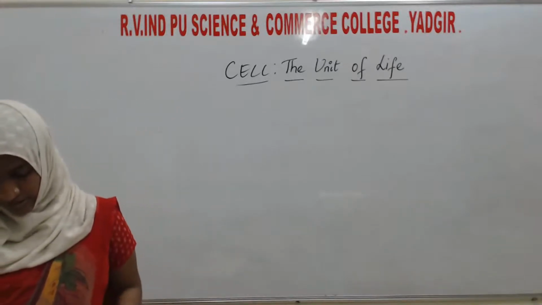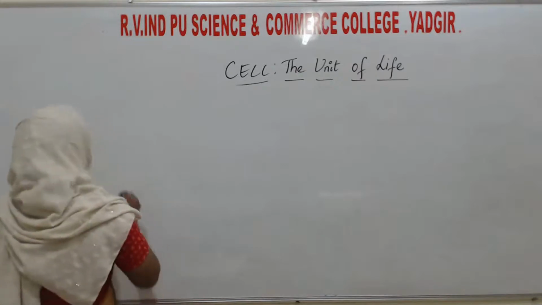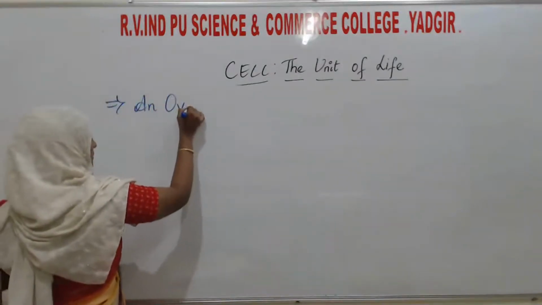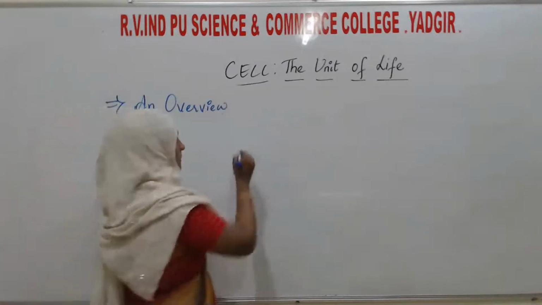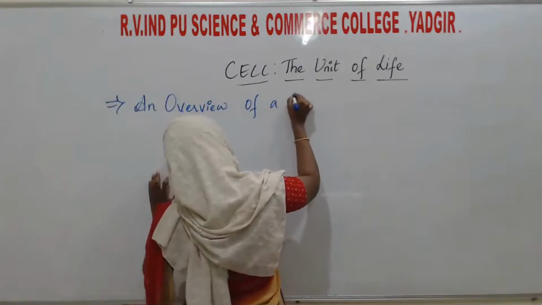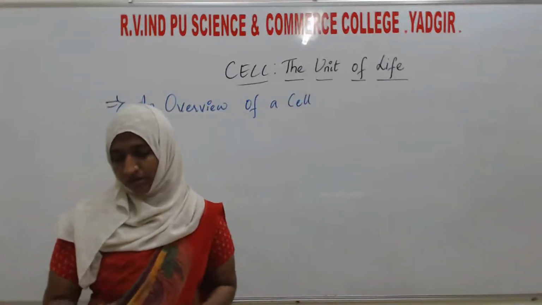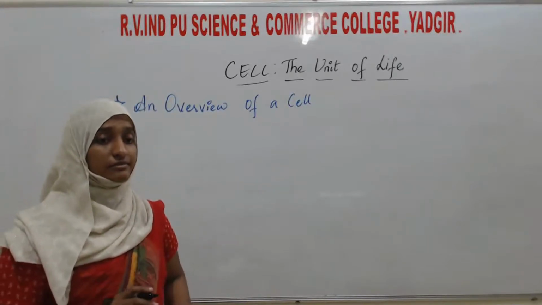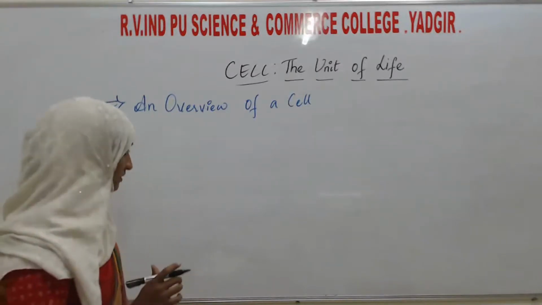Here, an overview of a cell. Overview of a cell, this is the next topic. In the overview of a cell, I will tell you the difference between the animal cell and the plant cell.